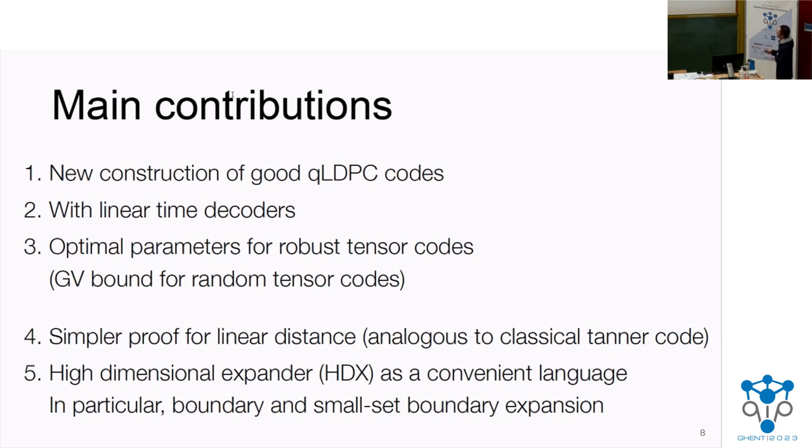So additionally, we also try to phrase everything using the language of high-dimensional expanders. And high-dimensional expansion is essentially a nascent field in combinatorics and TCS, which is also very interesting. And using this language, we can conveniently state the results. In particular, later on, you will hear boundary and small set boundary expansion pretty often.